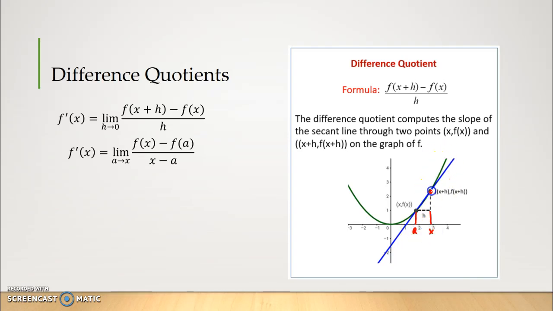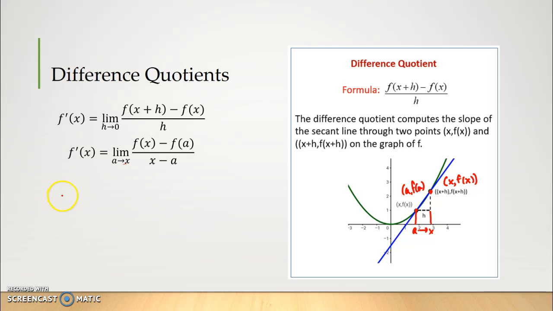And so the ordered pair here would be a comma f of a, and here would be x comma f of x. And you can set up a difference quotient between those 2 points, and then bring them closer together by bringing a towards x, so going this way. Anyway, you need to understand when you see that, really that's the derivative.